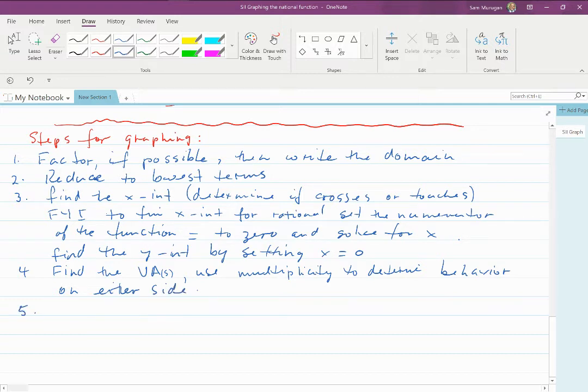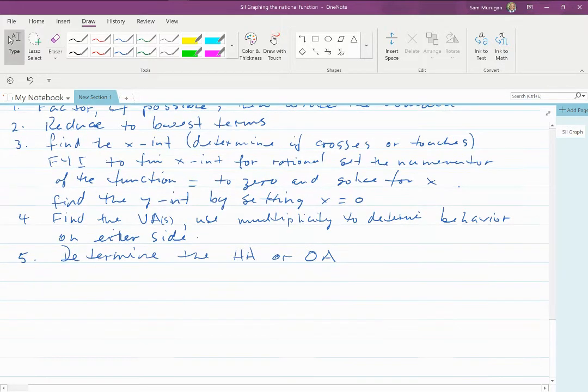Step 5, determine the horizontal asymptote or oblique asymptote. Remember, the graph can only have one. It wouldn't have both an oblique and a horizontal asymptote.